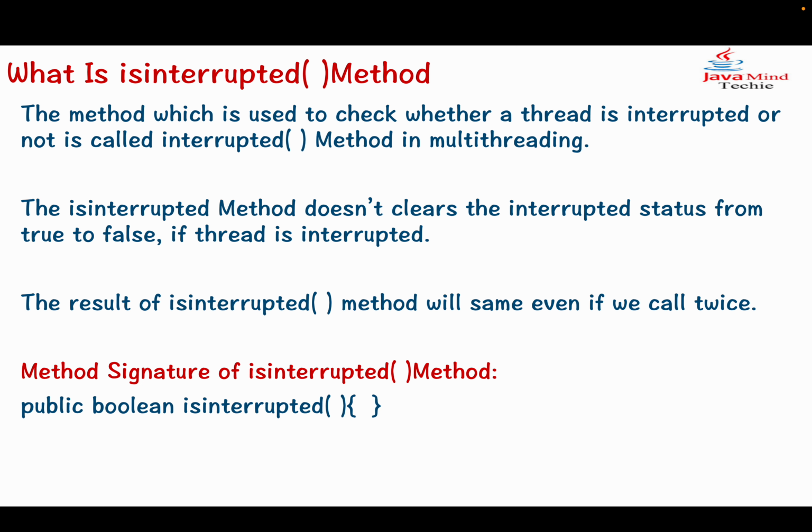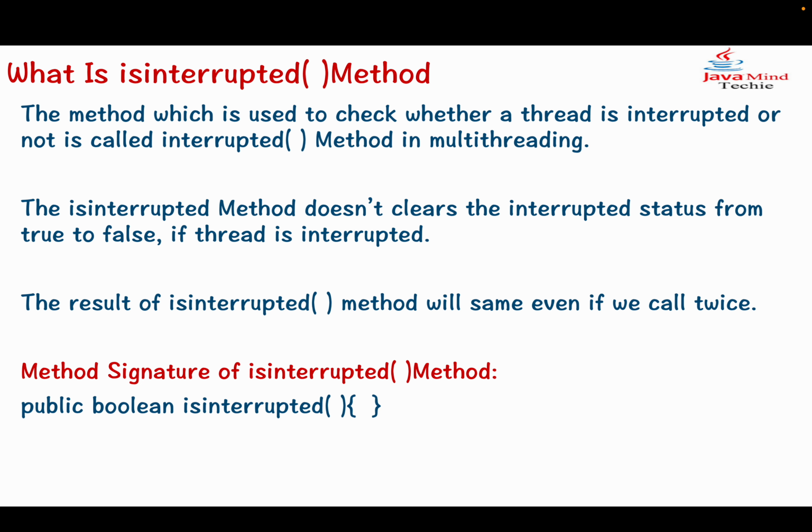This thing also I will show in the code once I write it. Then the next feature, the method signature of the isInterrupted method. Both methods are used to check whether a thread is interrupted or not. That's why this method also gives a boolean result, true or false.